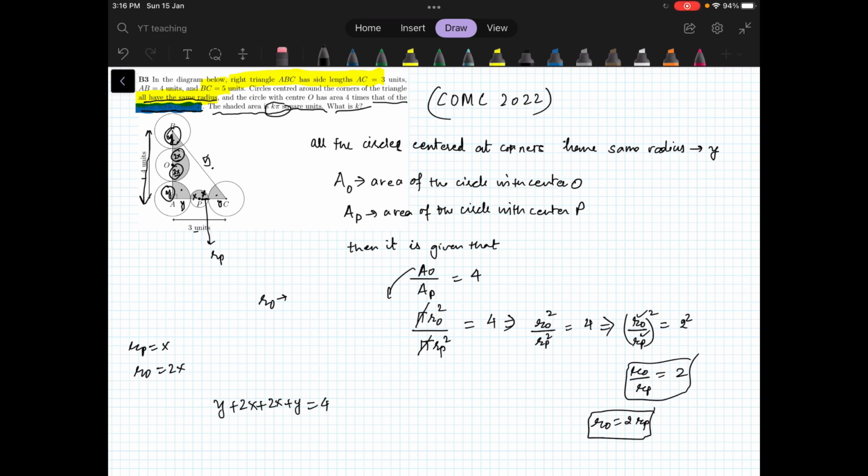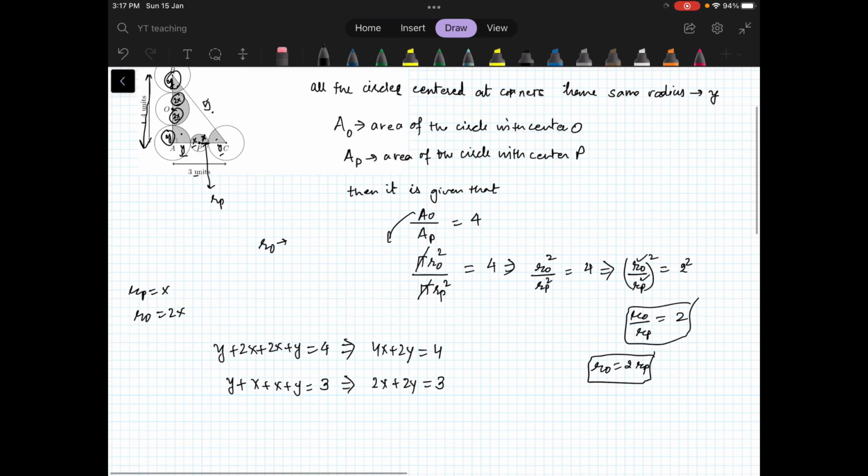And here y plus x plus y is equal to 3 units. So that gives me 4x plus 2y is equal to 4, and this gives us 2x plus 2y is equal to 3. Right? Now what you can do further, we can just subtract, because you see the coefficient of y, they are the same here.